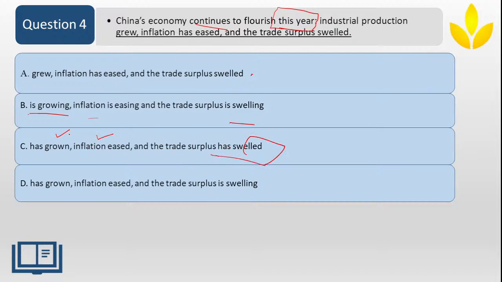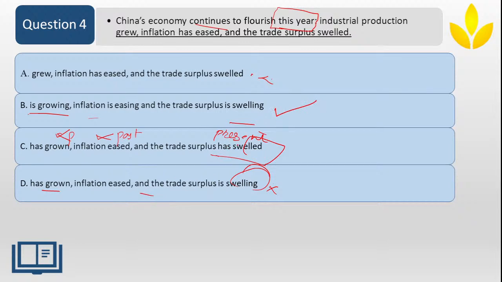Has grown is in present perfect, inflation eased in past, has swelled is in present perfect. It is a mixture of tense, so I don't think this is the answer. So obviously we can eliminate this. Again it is same, trade surplus is swelling. The last alone is continuous. So based on the tense, we are going with option B.